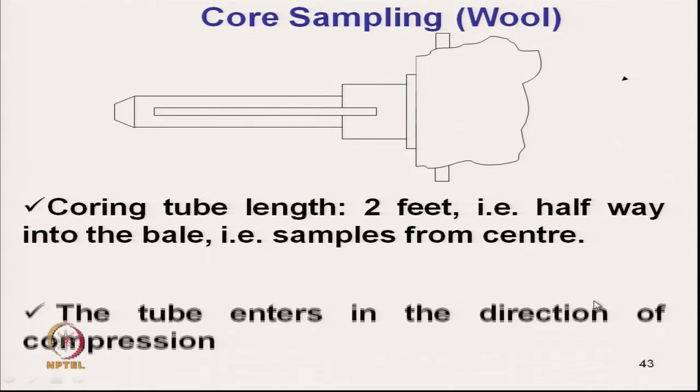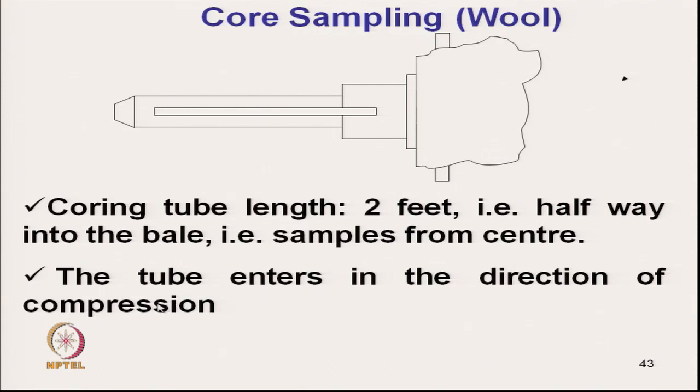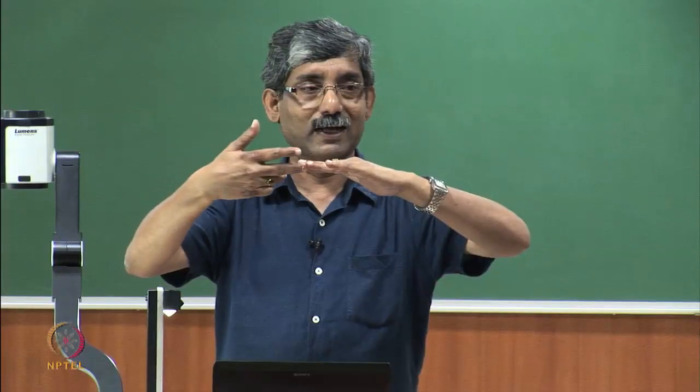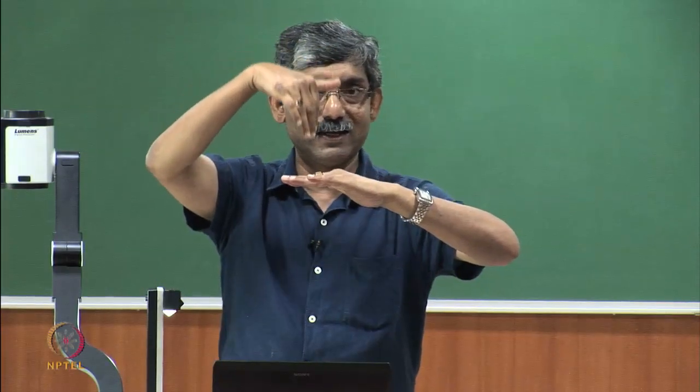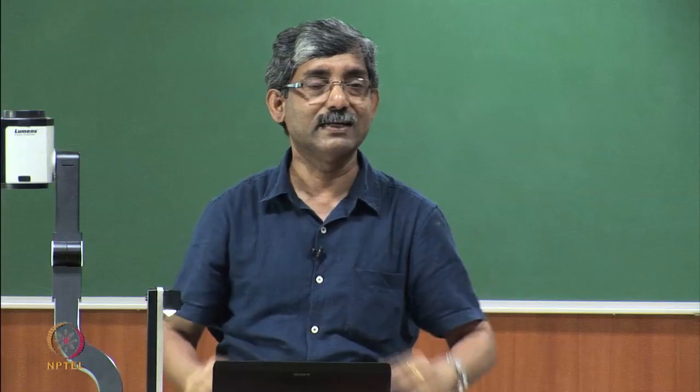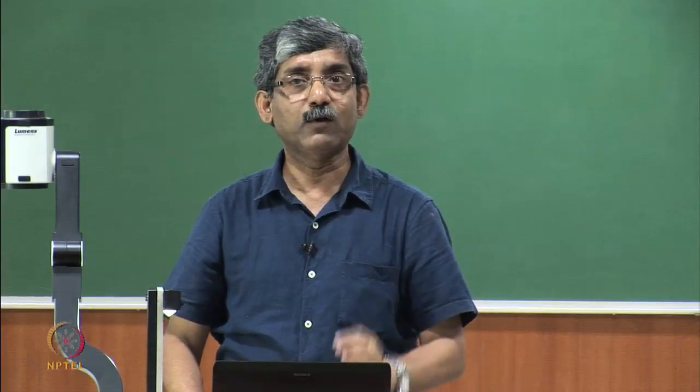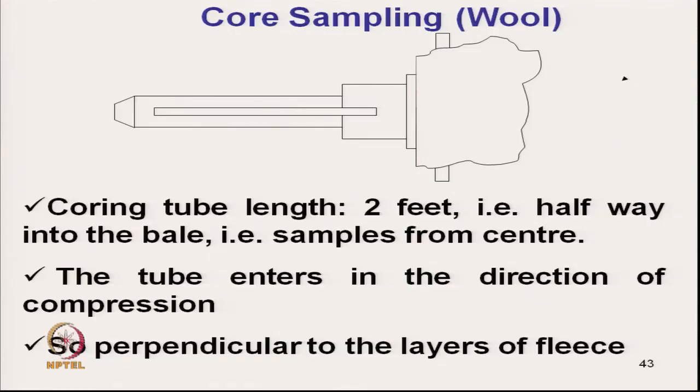The tube penetrates in the direction of compression, because it does not penetrate vertically; it penetrates where the compression side is, perpendicular to the layers of fibers.